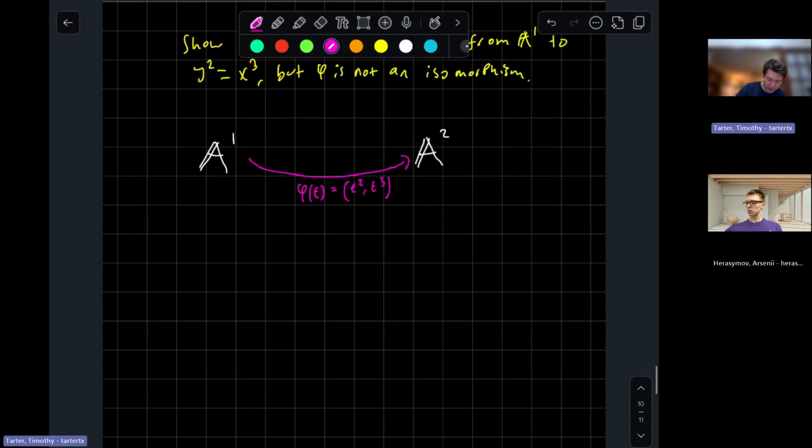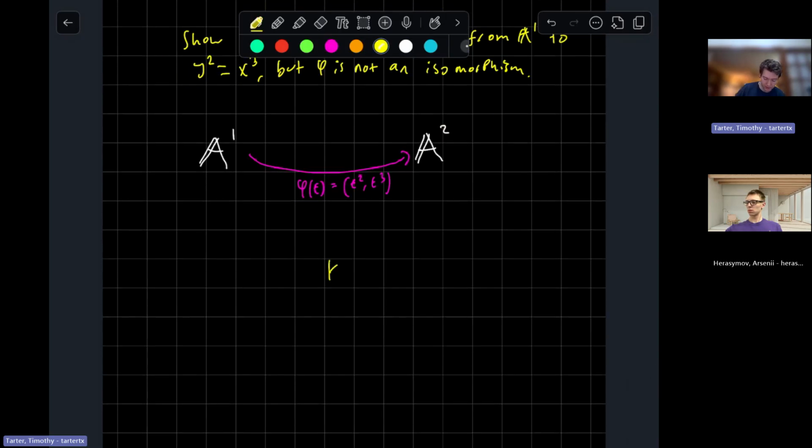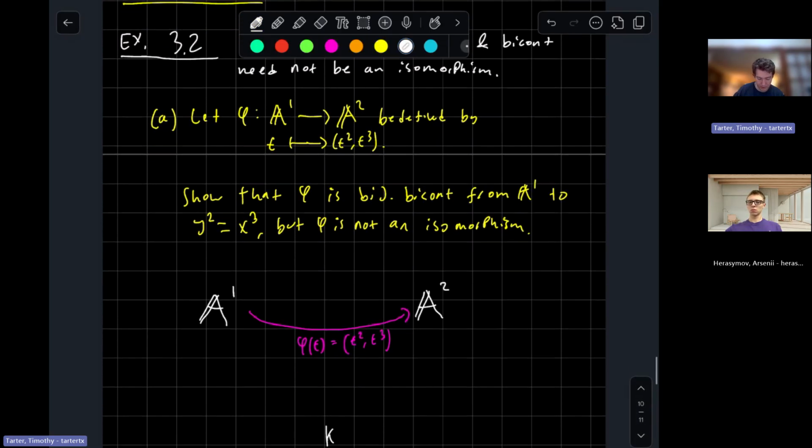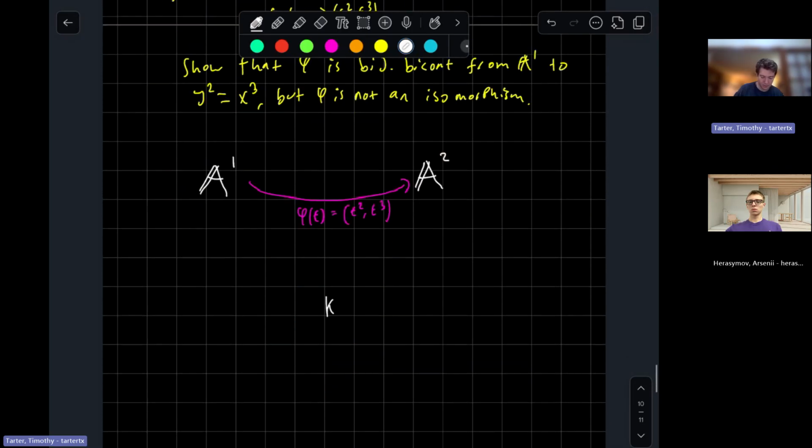And then we want to send this back to the residue field K. So we want to find some F into our residue field. And then they give us this for free, that 0 is equal to x cubed minus y squared.